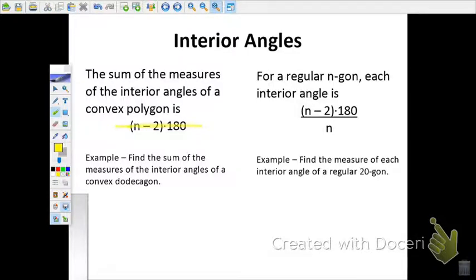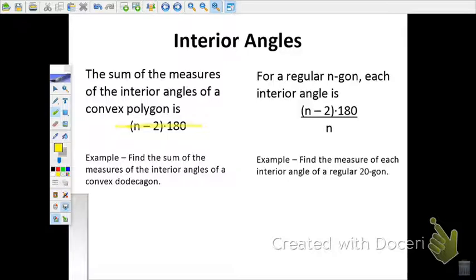Okay, so the quantity n minus 2, where n is the number of sides or number of angles, times 180.